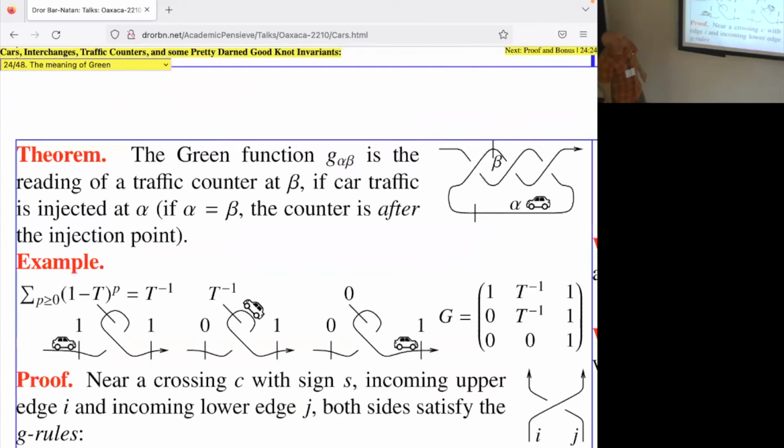Never mind. So, claim: the Green function, the inverse of this matrix A that I constructed, is the reading of a traffic counter.